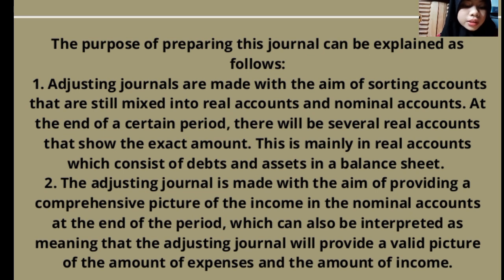This may lead to real accounts, which consist of debits and assets in the balance sheet. But the adjusting journal is made with the aim of providing a comprehensive picture of the income in the nominal accounts at the end of the period, which can also be interpreted to mean that the adjusting journal will provide a valid picture of the amount of expense and the amount of income.